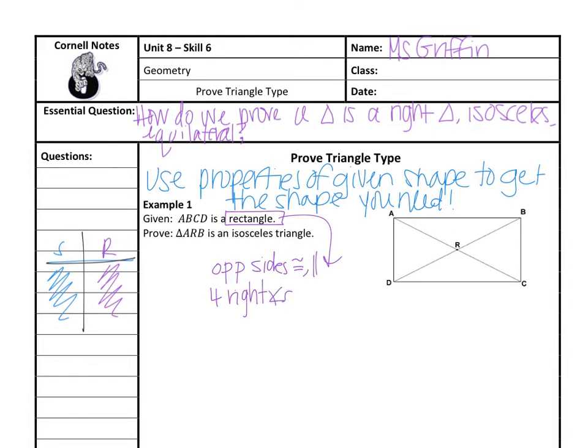And then let's think about diagonals. There are 2 really important properties about the diagonals of a rectangle. That would be BD and AC. What do you notice about them? Hopefully you're noticing that they bisect each other, they cut each other in half, and that they're congruent.